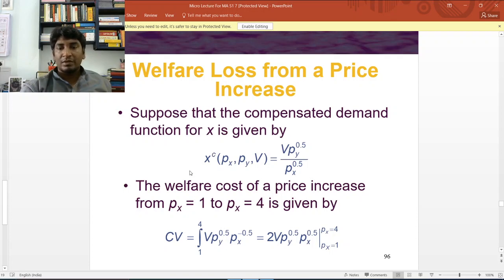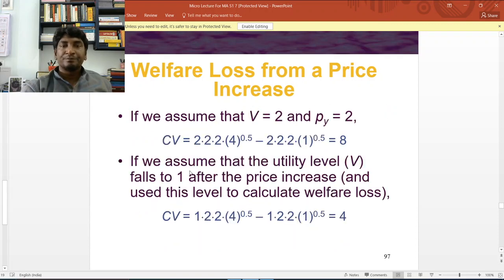So what would be the compensated variation? It is the integration of all this. Now if you assume that V is equal to 2 and Py is equal to 2, then you will get this number. And if we assume that the utility level falls to 1 after the price increase and use that level to calculate the welfare loss, you will get this. So it is 4.